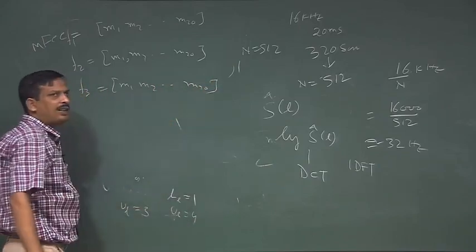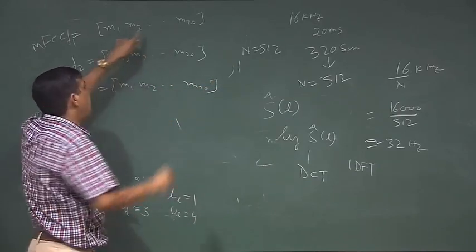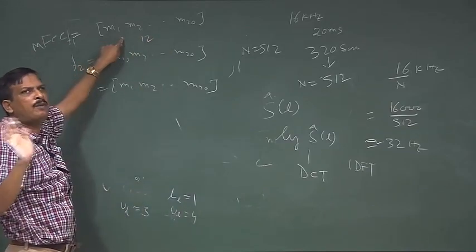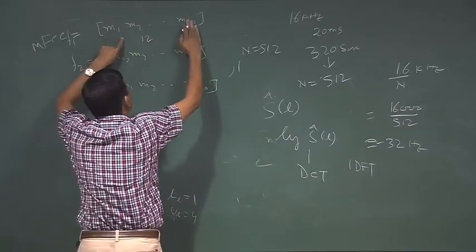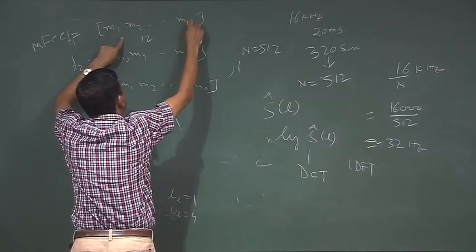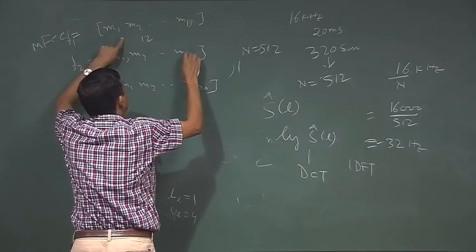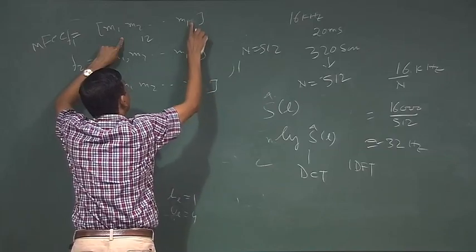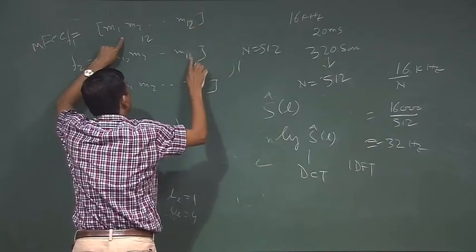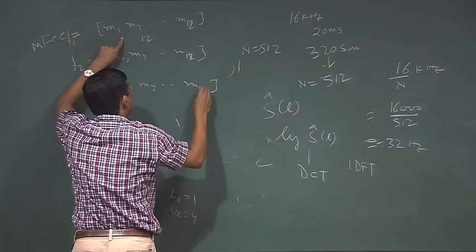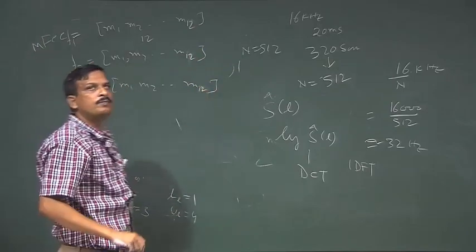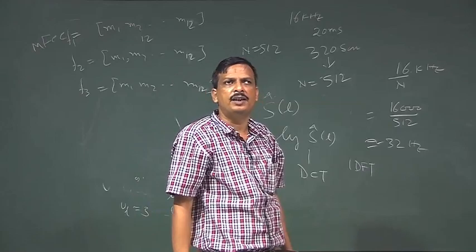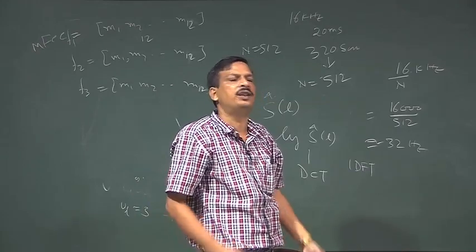It is said that out of M20, 12 to 13 coefficients are sufficient. So, instead of 20 I can take M13, or let us take 12. Okay. MFCC for frame 1, frame 2, frame 3.